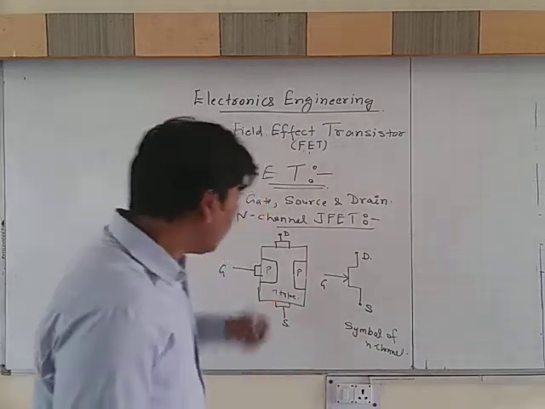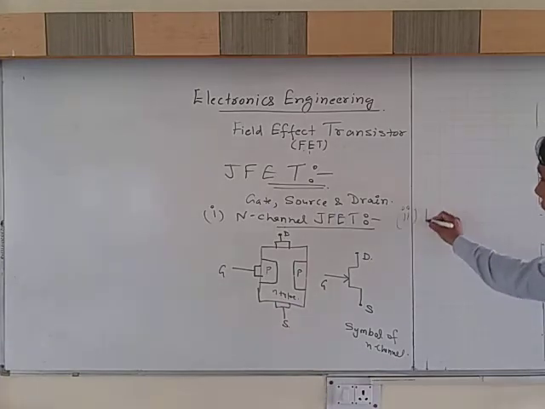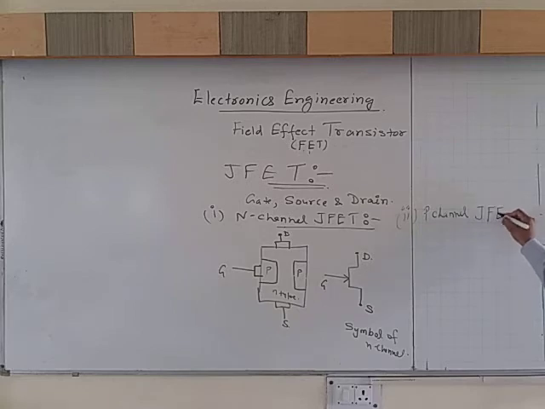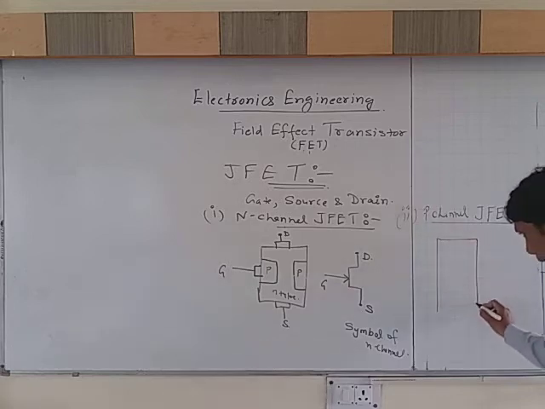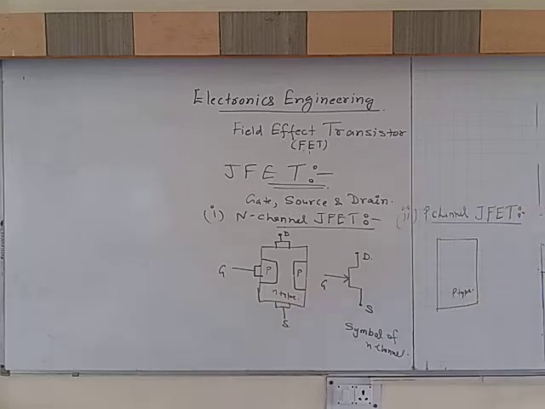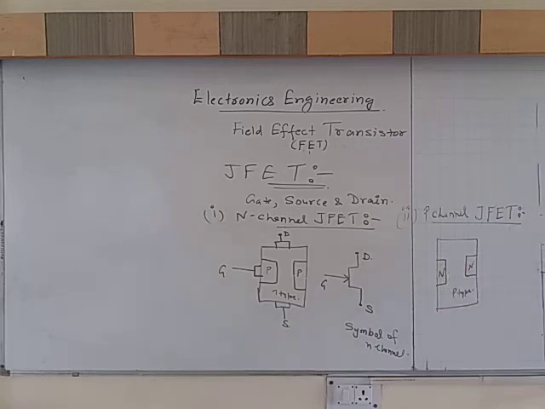semiconductor bar. So now we will just draw the second one, that is P channel. P channel JFET will be that one in which we have a bar of P type semiconductor and two N type semiconductors are diffused in this P bar.